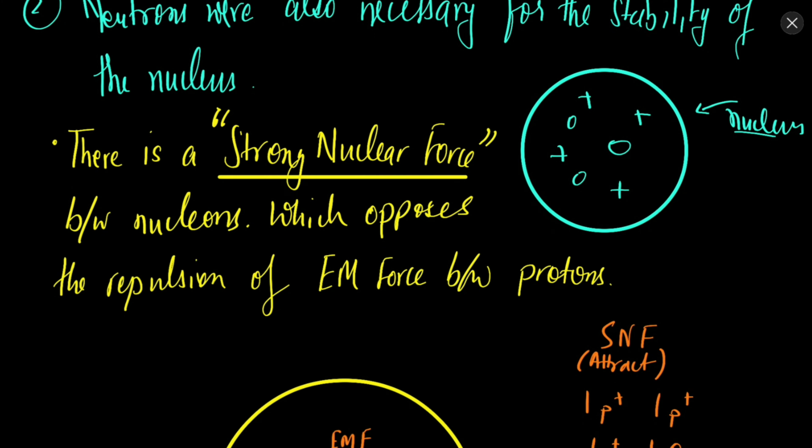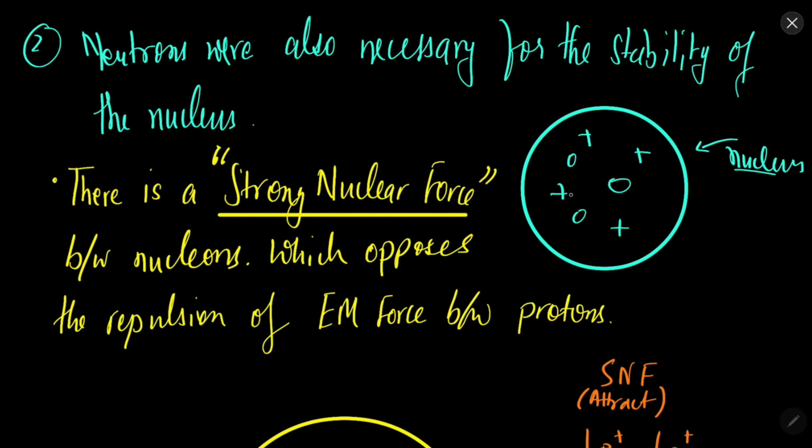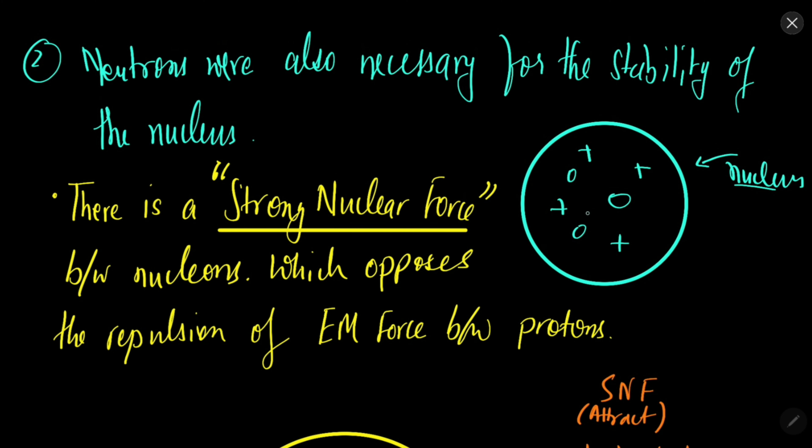This strong nuclear force is stronger than the electromagnetic force, because of which the protons can be together even after the repulsive electromagnetic force. So the neutrons help us in this nuclear force. Strong nuclear force acts between two protons, two neutrons, or between a proton and a neutron. So the neutrons help us in the stability of the nucleus.